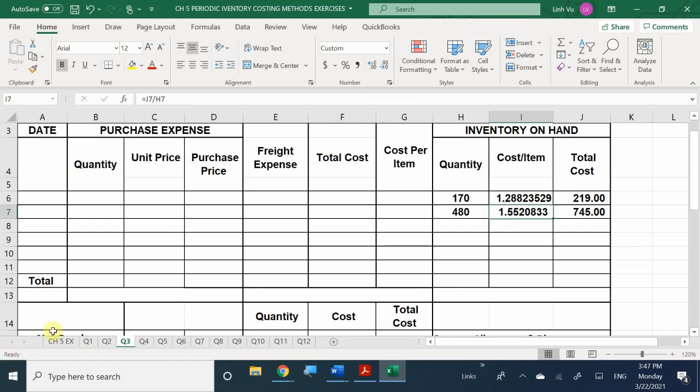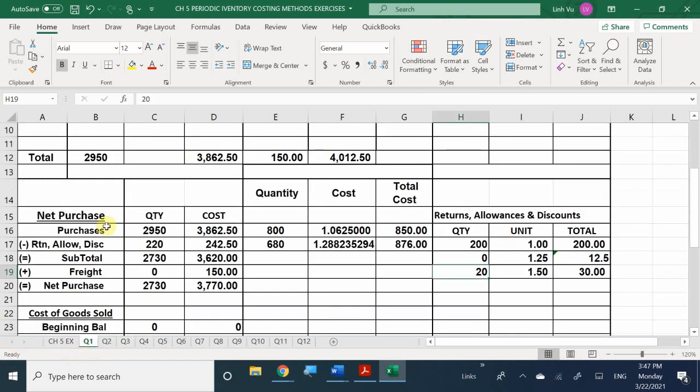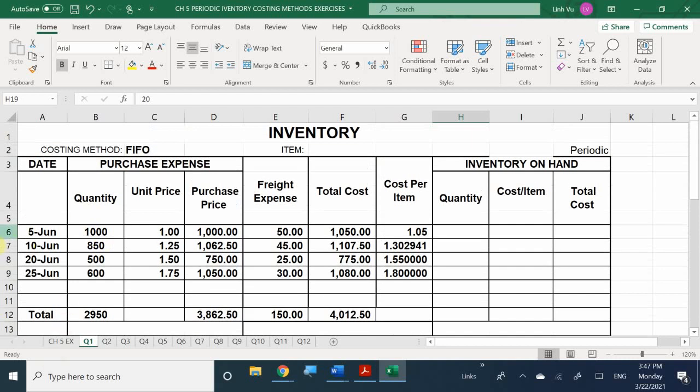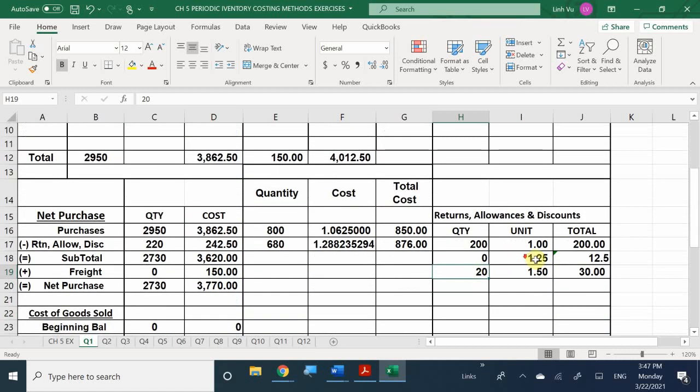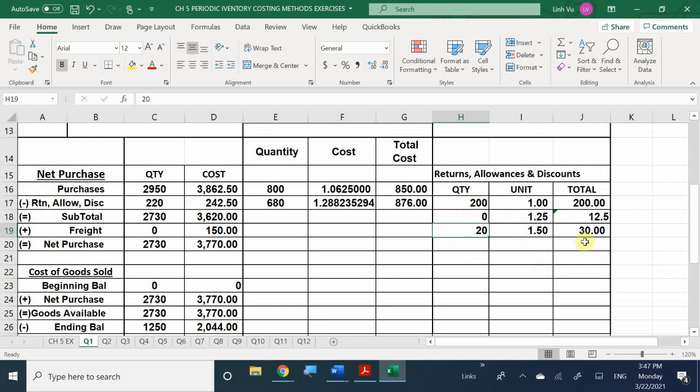And then lastly, we also need to carry out our last batch that we purchased on June 25th for 600 items at $1.75 plus the freight to give us $1.80. So this one, we didn't make any changes to it because when we purchased it, nothing happened. No additions to it, no returns, no allowances for it.